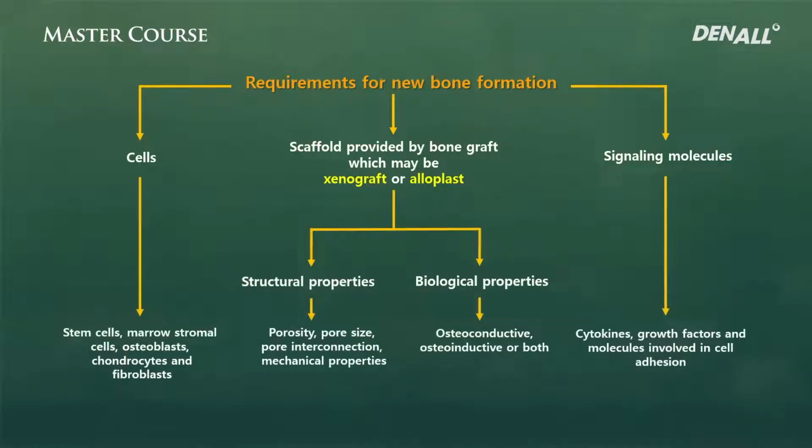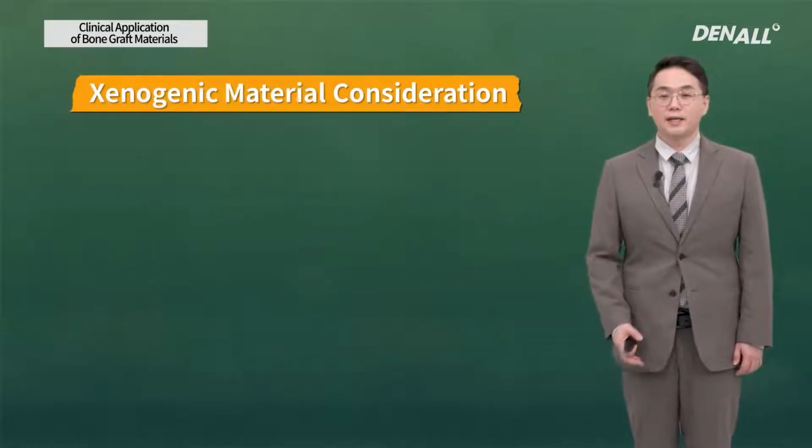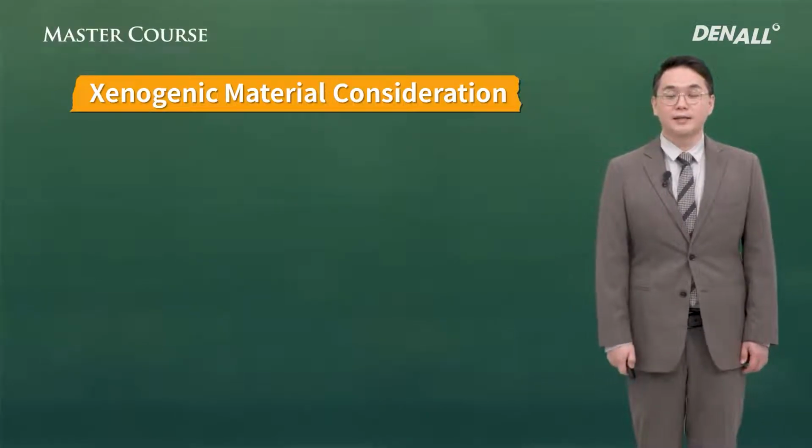We use alloplast or xenograft because the cancellous bone of a cow or pig is similar to that of human beings. As they are structurally similar, humans' osteoblasts can adhere to that. So structural properties need to be considered. As I said before, when we use xenograft, protein must be removed through heat treatment.